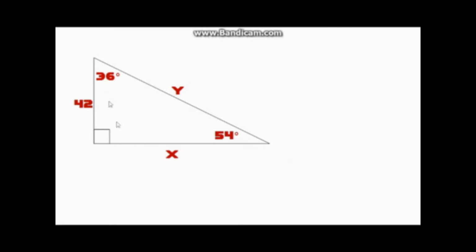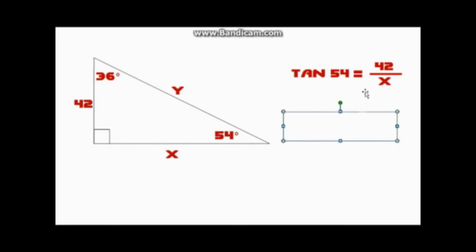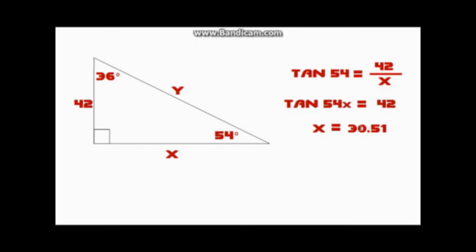Alright, so here we have another triangle. We know the angle measures and one side length, but we don't know this x or this y, but we can find them through the tangent, sine, and cosine ratios. So we can find x by using the tangent of 54, which is opposite, 42, over adjacent, which is x. So we just multiply both sides by x, and that comes out at about 30.51.